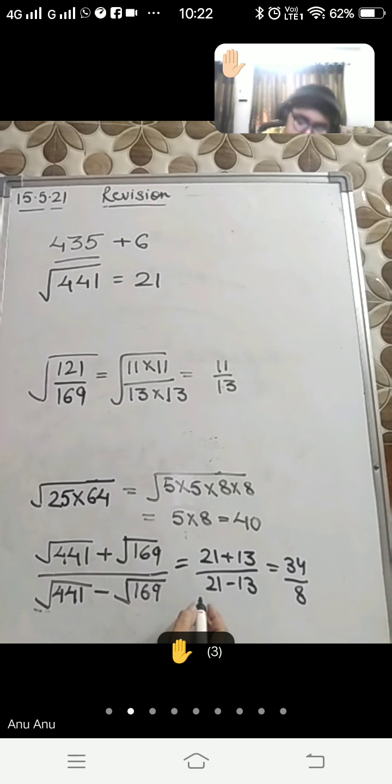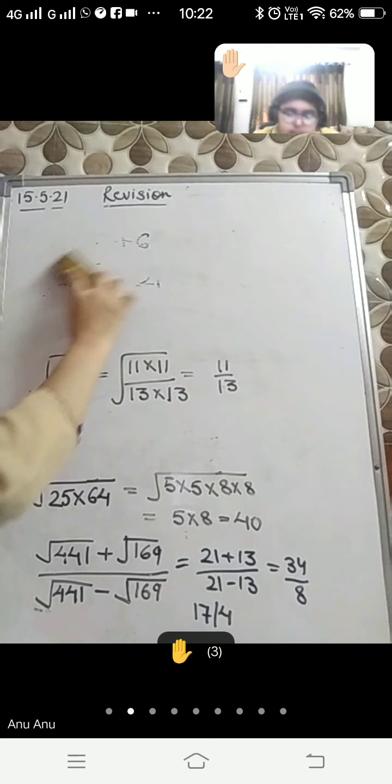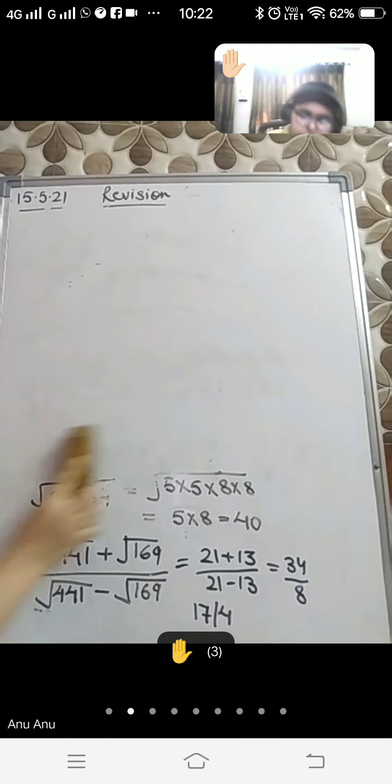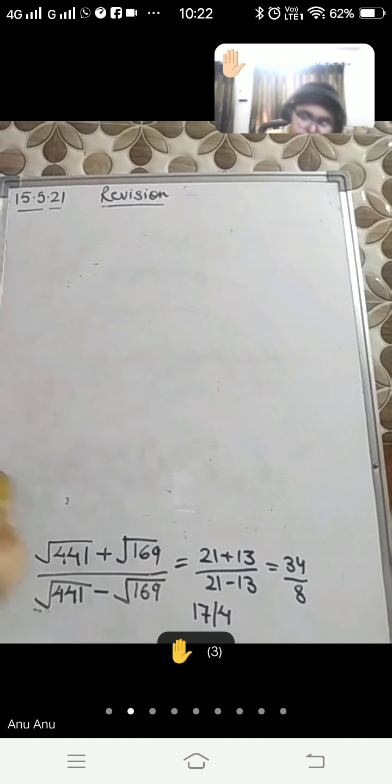Cancel them. That is 17 by 4. Is it okay? If you do not know the square root of any number, you can go for the prime factorization or you can find it by the long division method.